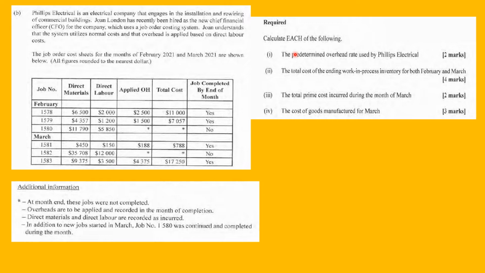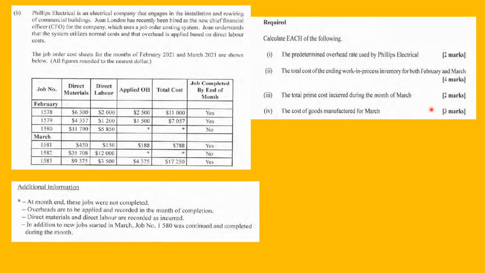We are required to calculate each of the following: the predetermined overhead rate used by Philips Electrical, the total cost of ending work in process inventory for February and March, the prime costs incurred during the month of March, and the cost of goods manufactured for March.